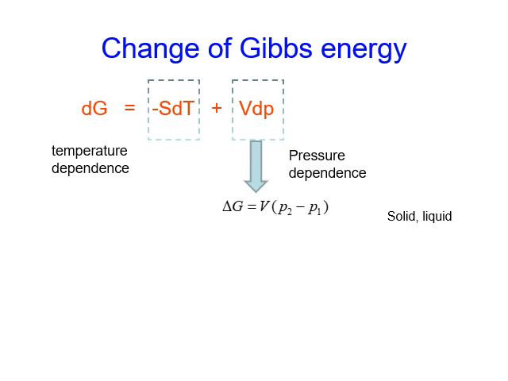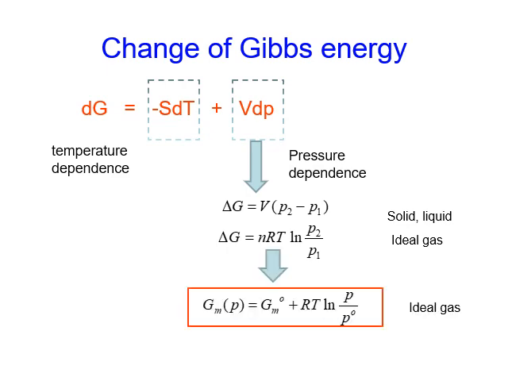For the gas phase, delta G equals nRT times ln P2 over P1. If P1 is assumed to be the standard state, then the Gibbs energy for a gas at any pressure can be referenced to the standard state plus RT ln P over 1 bar. And this equation is very important.